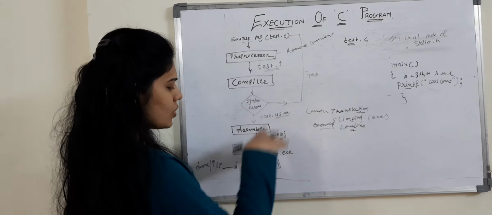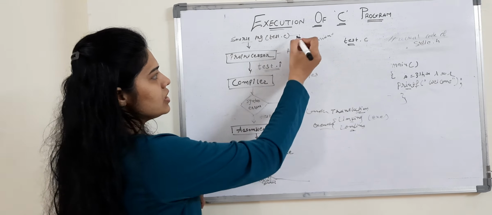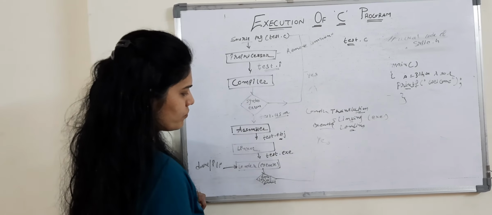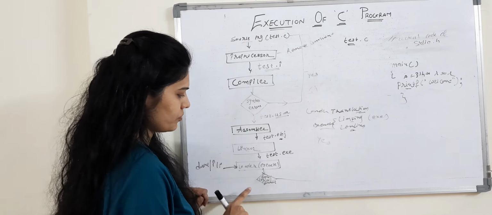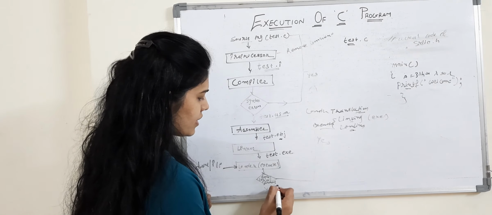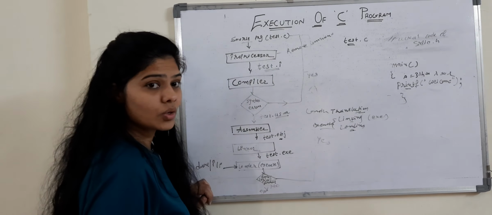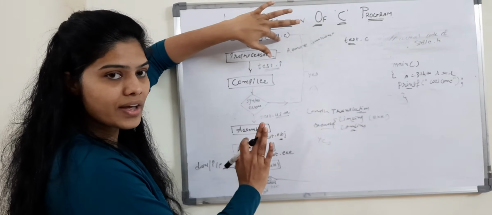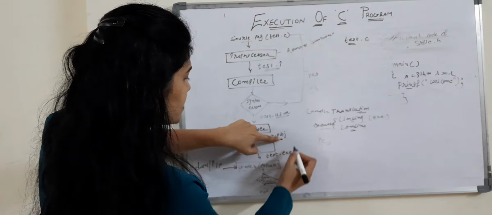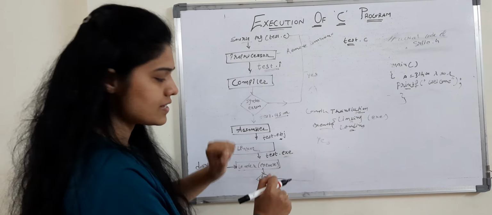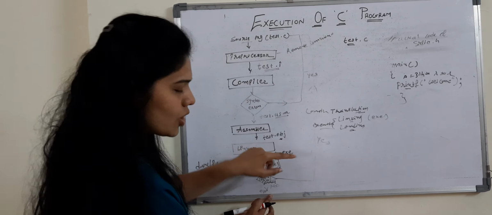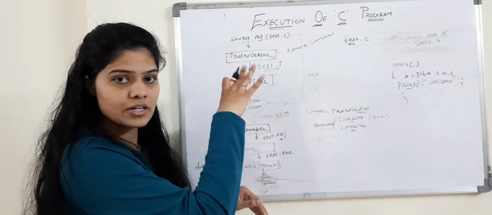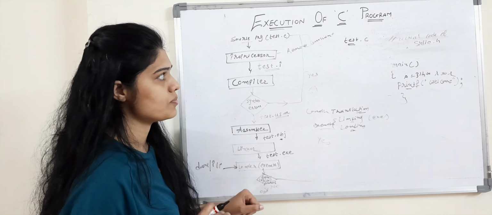But if there is no error, then we will get output. So from .c to object is called the translation or compilation. From object code to exe, the linking happens, and from exe to output is the role of the loader. I hope you are able to get this point, the execution of a C program.